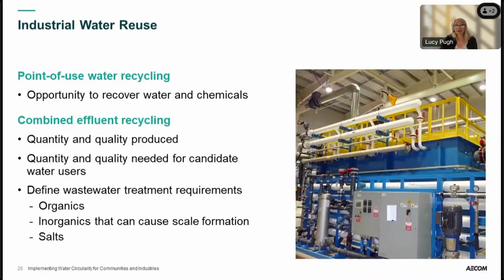So with respect to the point of use recycling, I mentioned it's a nice option to recover not only the water but chemicals as well. This can apply to a coating process, for instance, where the chemicals can be separated, and the chemicals can be returned to the process. For the combined effluent recycling, it's important to understand not only the quantity that's produced, but also the quality.